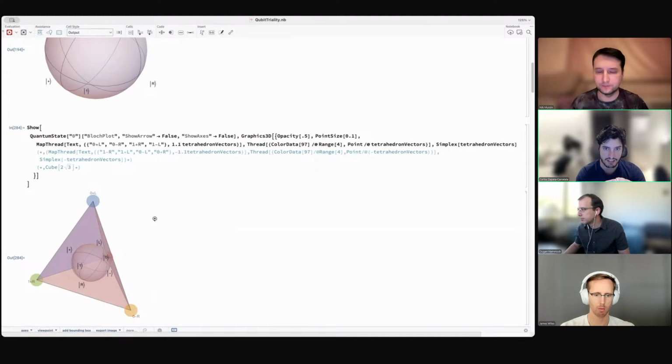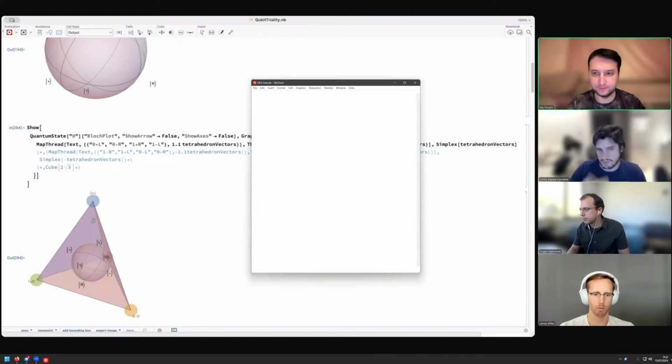That subspace of R3 is like your set of quantum states, basically, right? Well, the Bloch sphere is a subset. This is the space of all probability distributions. Okay, sure. Yeah. Fine.